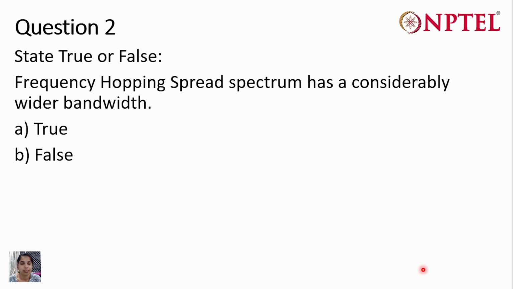I don't know. By the definition of spread spectrum itself, it is spreading on a wider bandwidth. Frequency hopping, shifting frequency, does it increase the bandwidth? I think it is false.